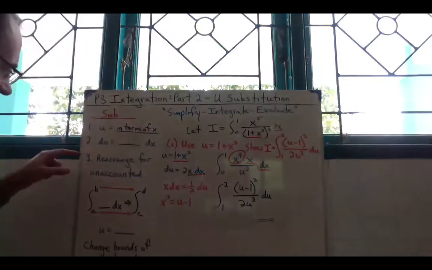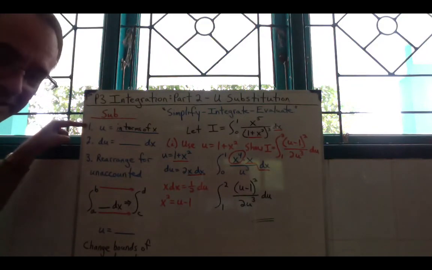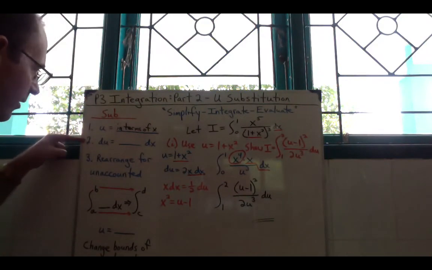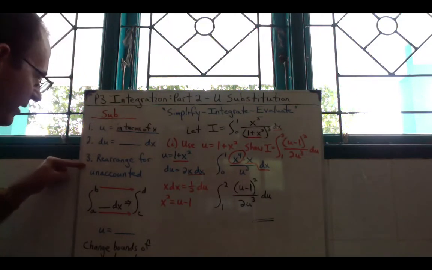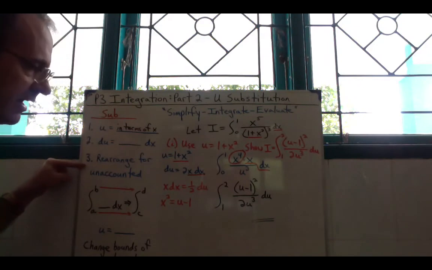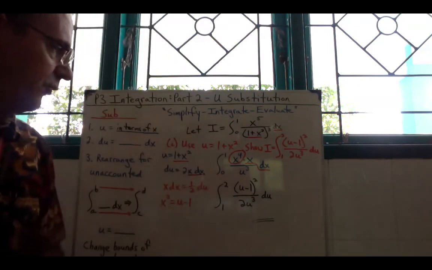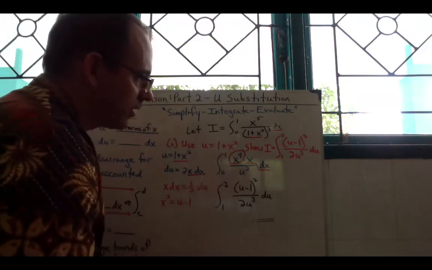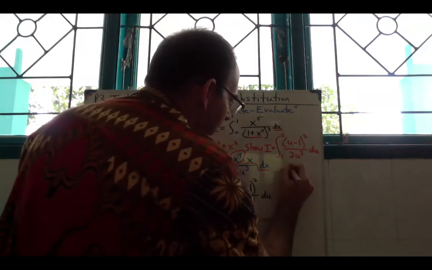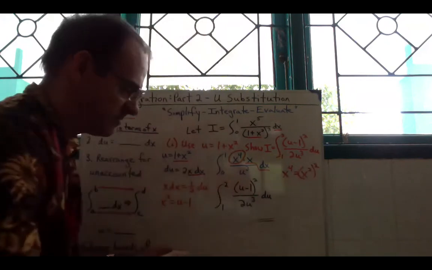This is the unaccounted for. Okay, so we did the original, the given substitution. We also figured out the differential part. Now we need to rearrange for what's unaccounted for. We haven't accounted for the x to the 4th yet. So if we look, x to the 4th is the same thing as x squared squared.